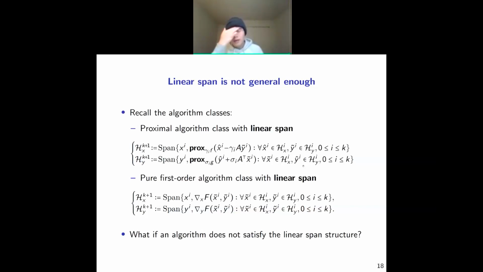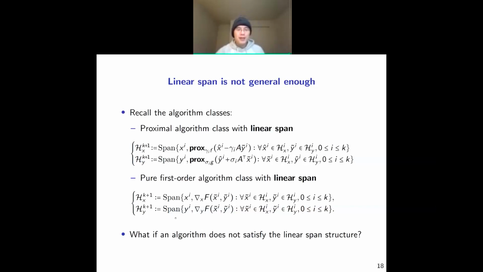And there are some algorithms like quasi-Newton or Gauss-Newton methods. They're quite complicated. You use your first order information to approximate the Hessian, and you will take the inverse of that. Well, we need to check that. I'm not sure if they belong to the linear span, but we have to check that.